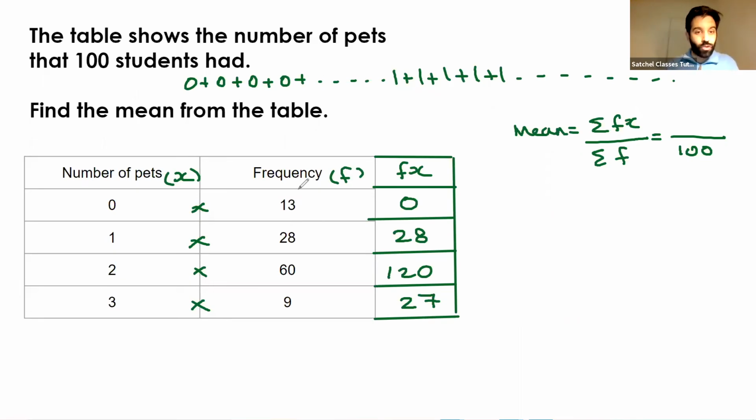Maybe the question should be 110 students because we shouldn't have in this example a frequency of 100. So I'm just going to change that to 110. So there is a small error in the question. I do apologize. There we go. So our frequency is going to be 110 rather than 100.